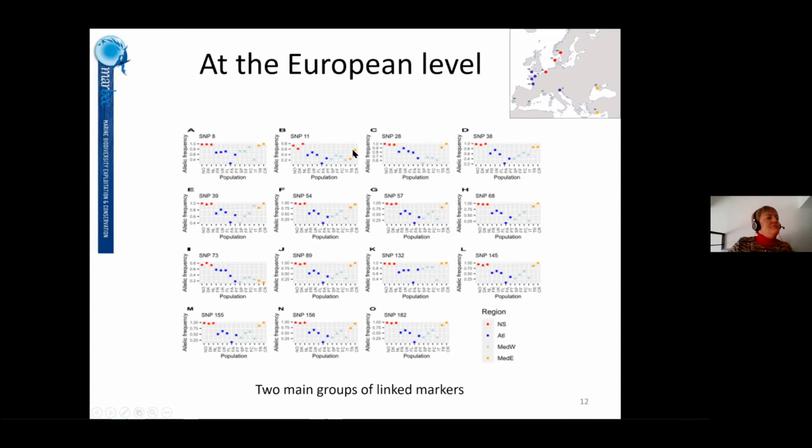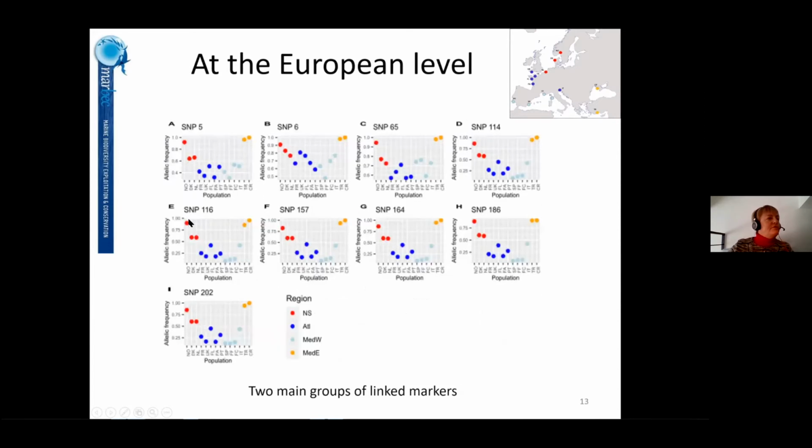Sometimes a little bit less, but the pattern is clearly always the same. And it's the same for the second group of linked markers here again, especially with Norway and the Eastern and Black Sea.